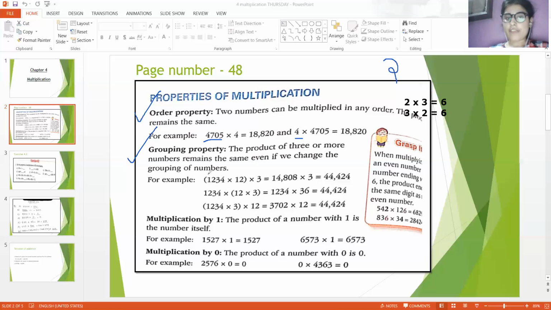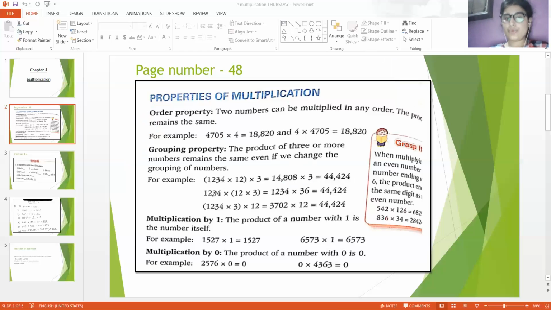I have to write a bracket around these two numbers to show that I am multiplying them first. Whatever answer I get, 14,808, I then multiply with 3. Now multiply 14,808 with 3. The answer will be 44,424.